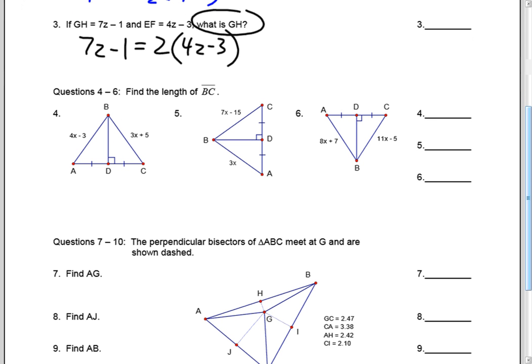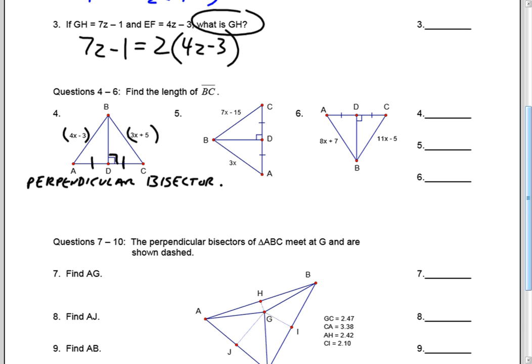When you see algebraic expressions, things either add up to a total or they're equal. I've got something that's being cut in half, and I've got something that is at a right angle. Someplace down here, write down that I've got a perpendicular bisector.